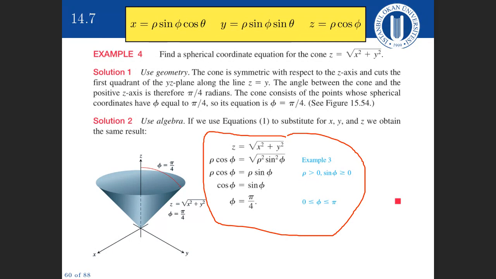Take the square roots. Rho is a positive number. Phi is between 0 and pi, so sine phi must be a positive number. Cancel the rhos. We have cos phi is equal to sine phi, and then we know that we must have phi is equal to pi over 4. The equation for this cone is phi is equal to pi over 4.